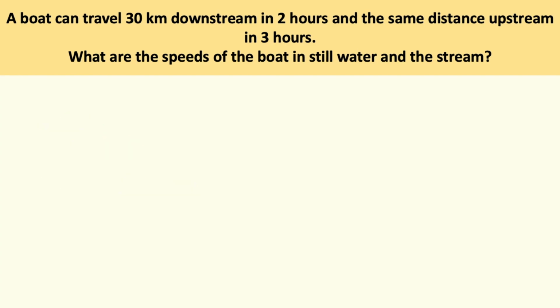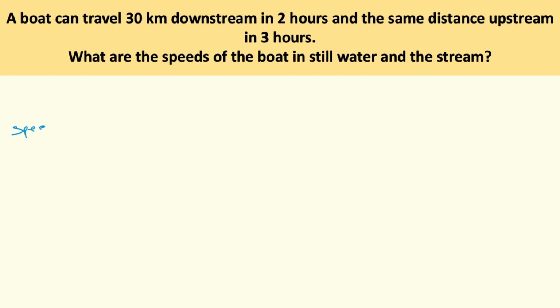Now let us go to our problem and see what the values are here. A boat can travel 30 km downstream in 2 hours and the same distance upstream in 3 hours. What are the speeds of the boat in still water and the stream? So let us consider the standalone speed, or the speed of the boat in still condition, to be B. So let's write it down.